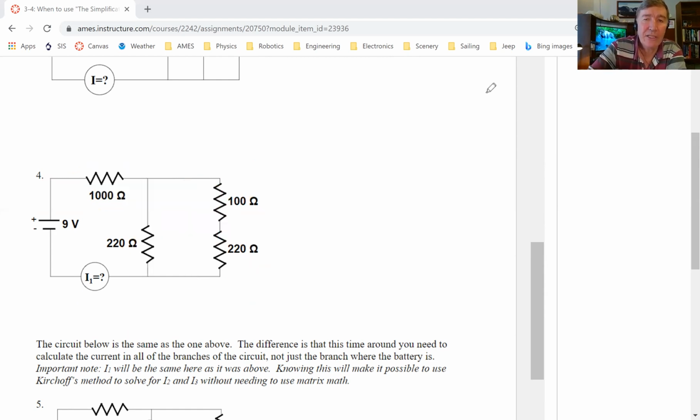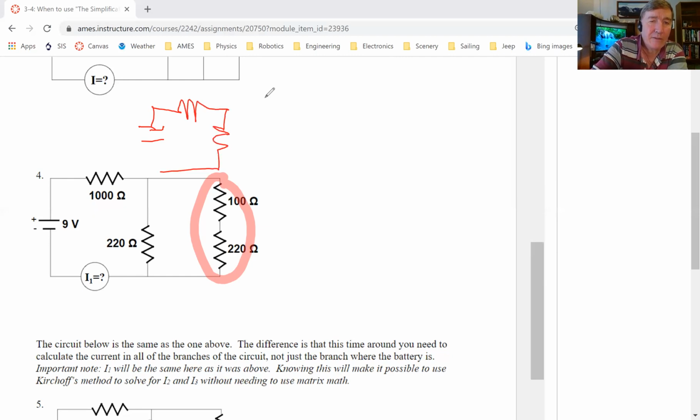So let me suggest we do it differently. Let me suggest let's combine these 2 guys together first. So let's come up with a semi-simplified circuit that looks like this. Okay, where what we've done here is we've taken these 2 resistors here and we've combined them together into that 1 resistor there.